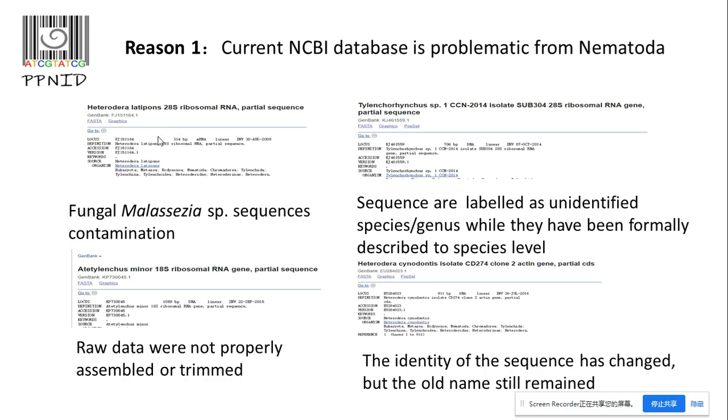But actually, the sequence here is just a fungus belonging to the genus Malassezia. Also, you will find a lot of sequences ending with sp., but actually they already have a name. Also, there are many sequences which are not properly assembled or trimmed. All of these can cause errors or problems for your identification result.